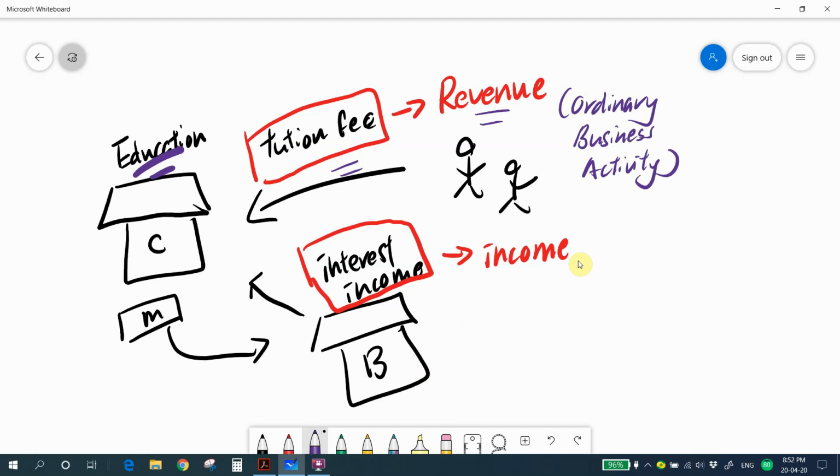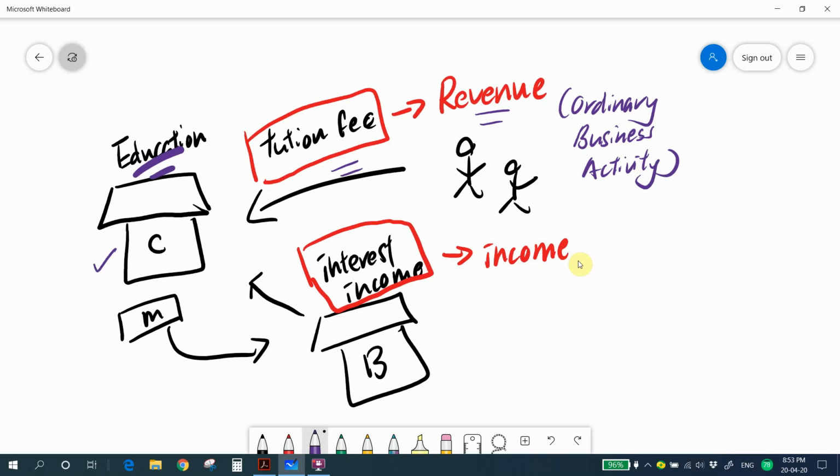For the interest, this is something additional that the bank gives to college for the money that they save. And saving is not the main business activity for college, because the main business activity for college is to provide education service.